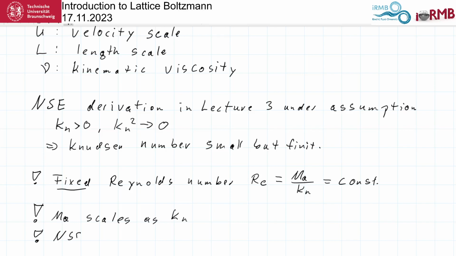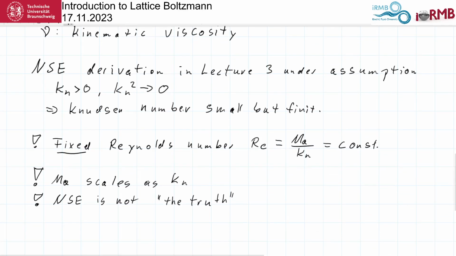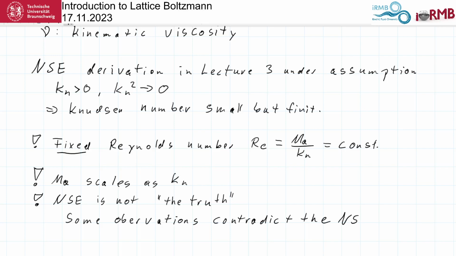And one thing that you have to be aware of is that the Navier-Stokes equation is not really the truth, even though it appears a lot like it would be. You could say it's already falsified, very obviously. Some observations contradict the Navier-Stokes equation.